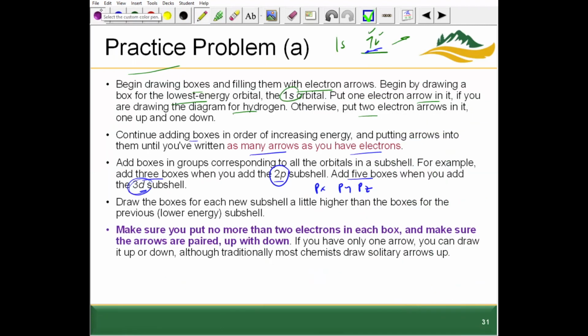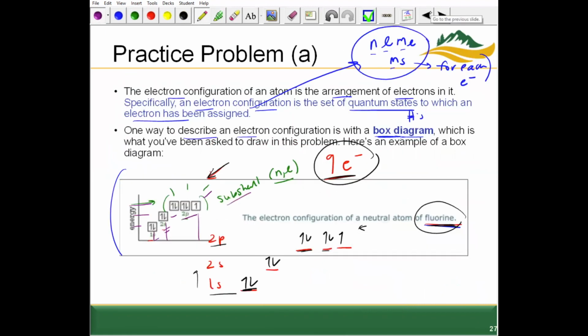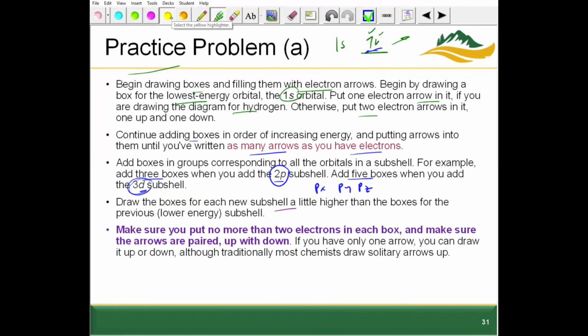We should be clear about the energy levels and draw in those relative heights like we saw for fluorine. And importantly, we're going to make sure we put no more than 2 electrons in each box or on each line, and make sure the arrows are paired, 1 spin up, 1 spin down.